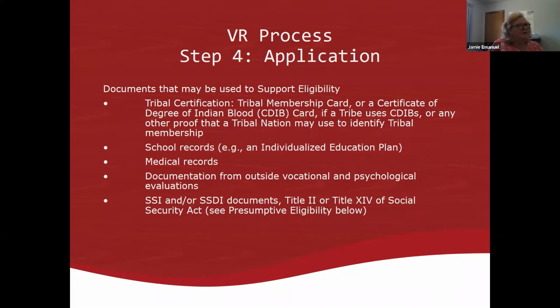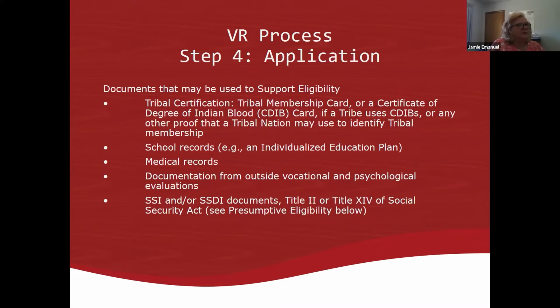I'm not sure how many tribes actually use the CIBs, but that is documentation to support the application process, to prove that they are eligible to apply for services, not necessarily eligible for the determination of the disability.